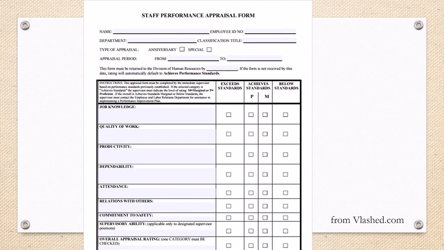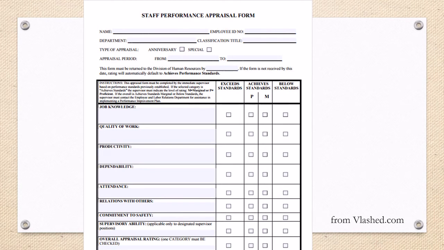Here is another example of graphic rating scales. In this performance appraisal form, there are different components of work, including job knowledge, quality of work, productivity, dependability, etc. Each one is to be rated on a scale of either exceeds standards, achieves standards, either marginally or proficiently, or is below standards.